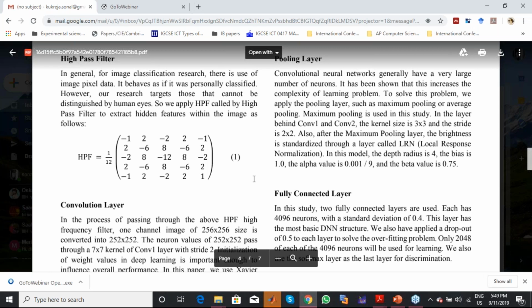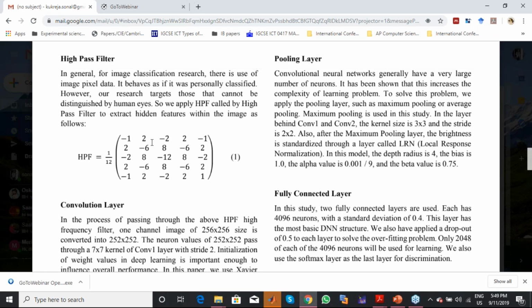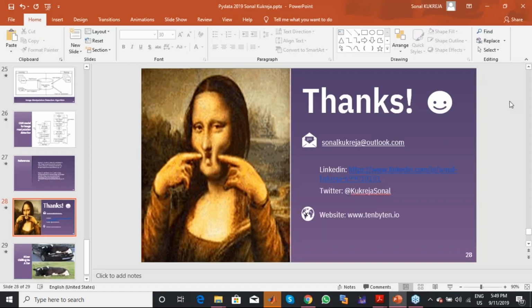It is basically used to extract the values from the image which are required for our research and testing, and we can ignore the parts which are not required. So the matrix is designed accordingly. Am I clear?